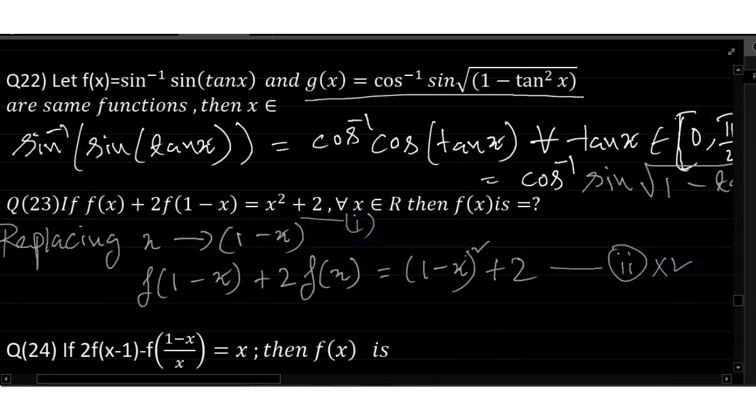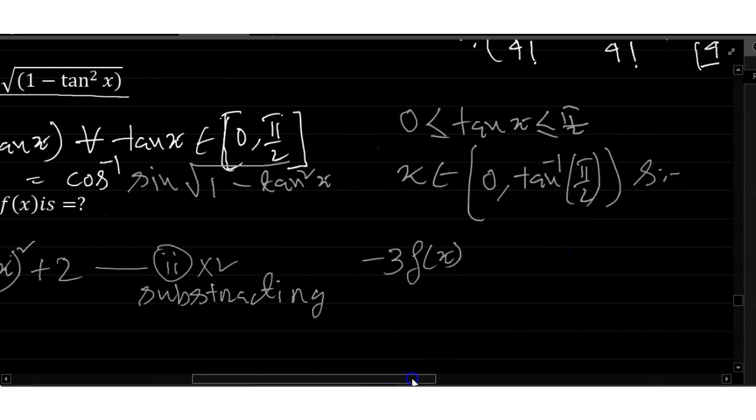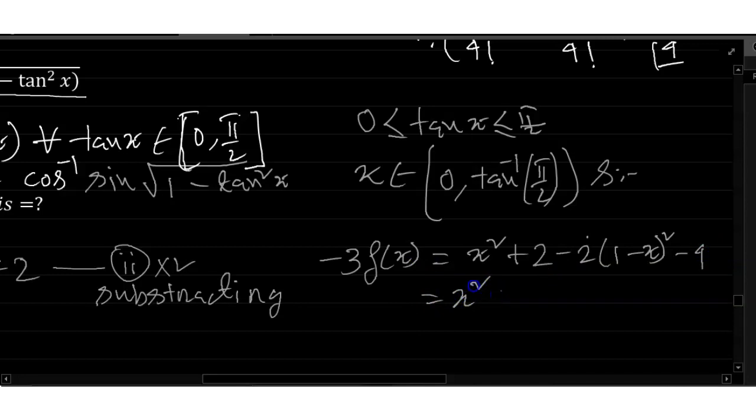So I multiply 2 and subtract, we get minus 3f(x) is equal to x square minus 2 minus x... so it is x square minus 4x plus 4 is equal to 3f(x).